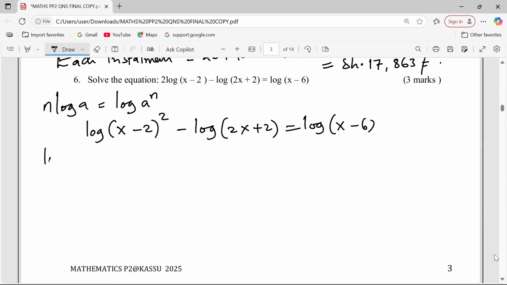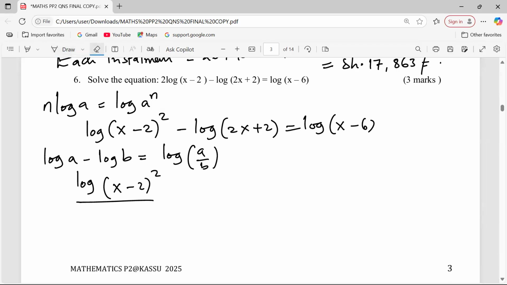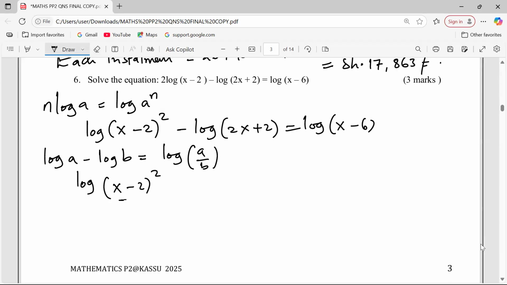We apply again the law that says log a minus log b, as long as the bases are the same, becomes the logarithm of a divided by b. So we take log of (x minus 2) squared over (2x plus 2) equals log(x minus 6).